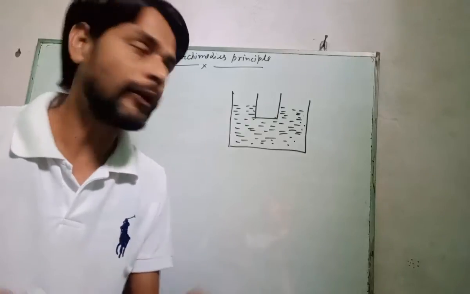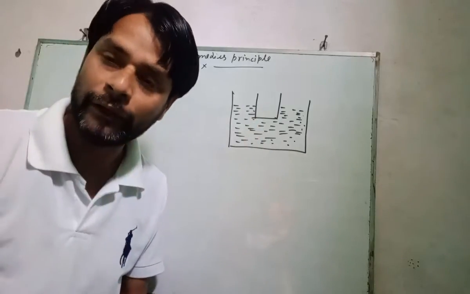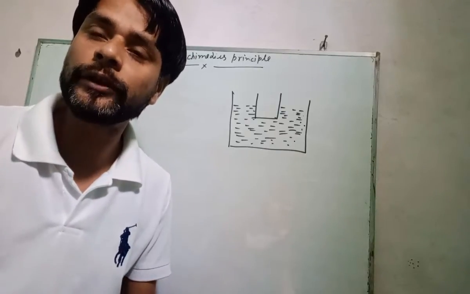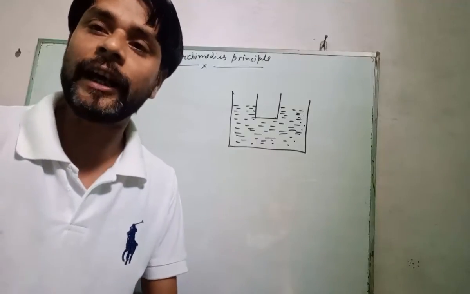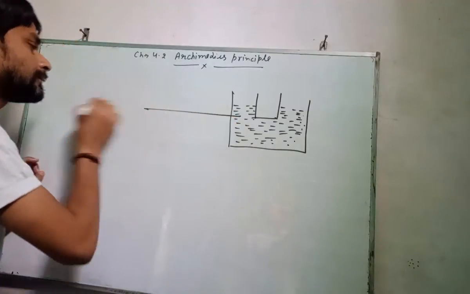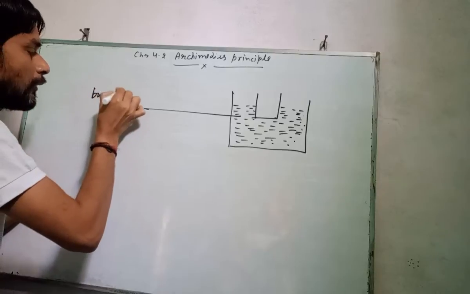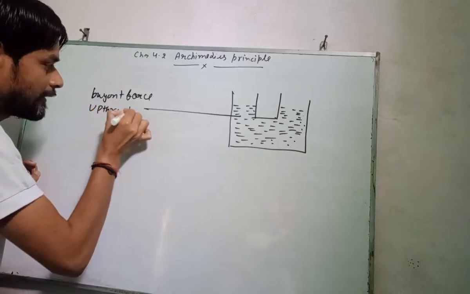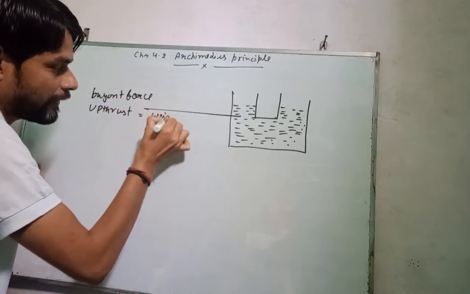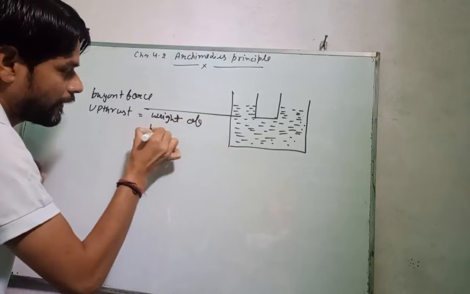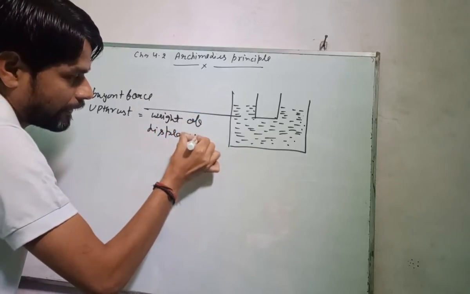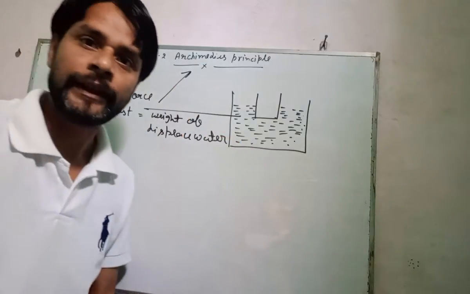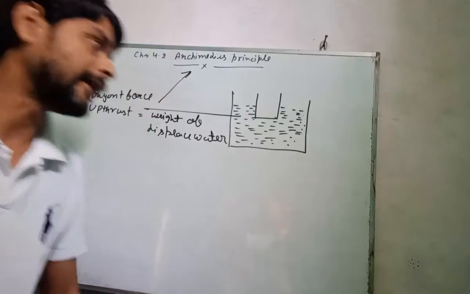The force acting on the object upward is called buoyant force. That buoyant force is equal to the weight of the displaced water. That is the Archimedes principle. Buoyant force, or upthrust, is equal to the weight of displaced water. That is called Archimedes principle.